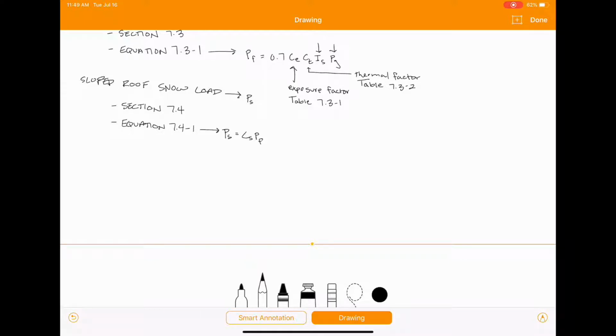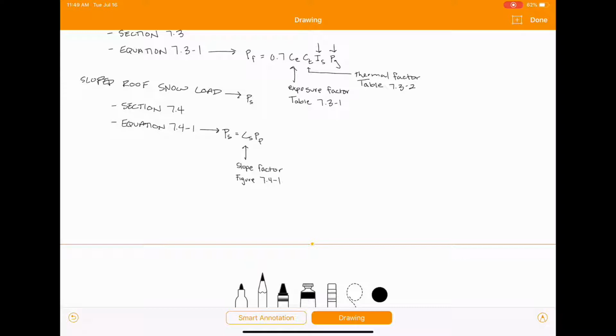Now this CS factor is your slope factor, and that can be determined from figure 7.4-1.